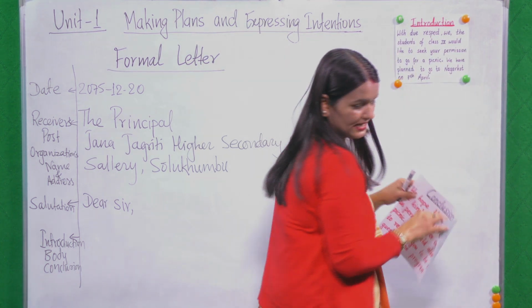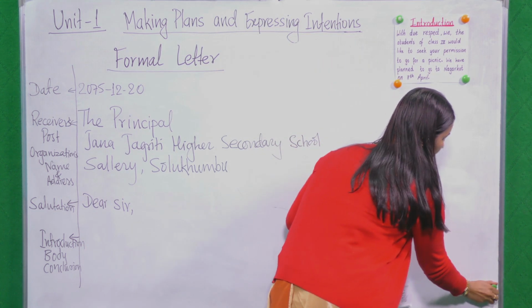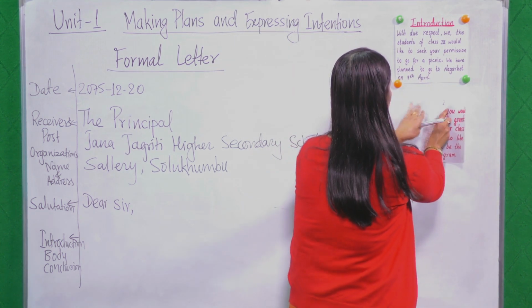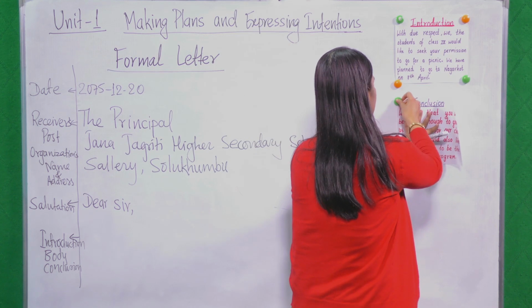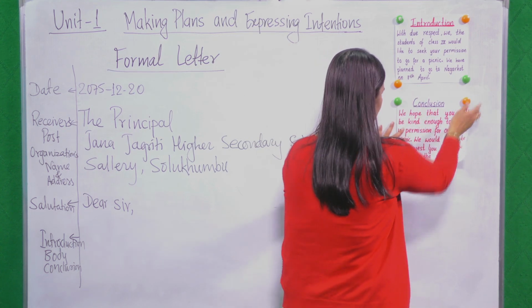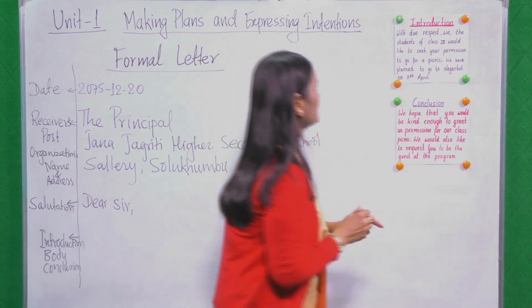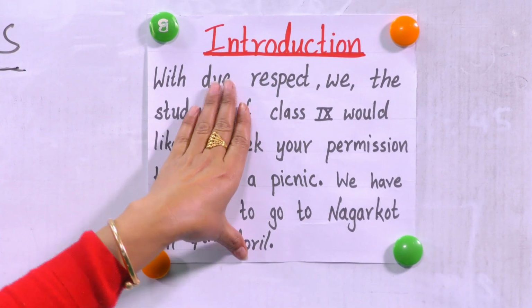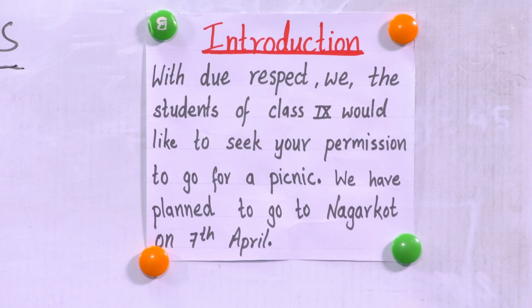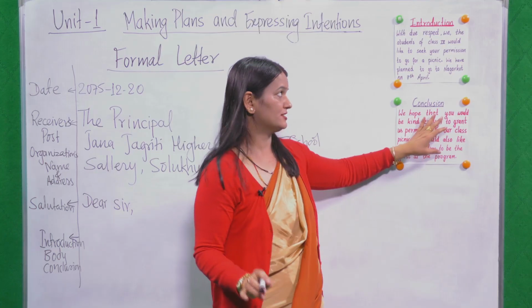This is only an example. Whatever is written here, you don't have to follow. You can try your own way as well. I'll also give you another example. Here, only the introduction and then the conclusion we are going to discuss, because the body part we had already done.